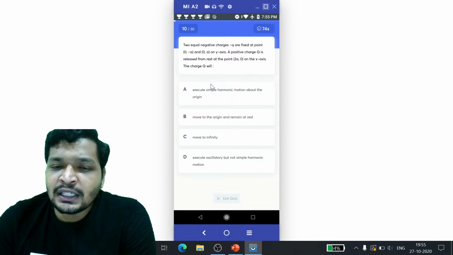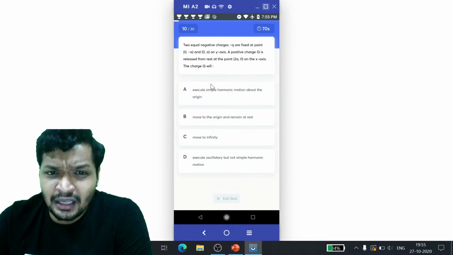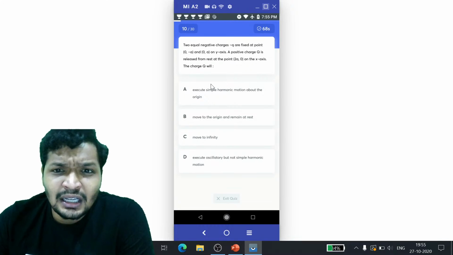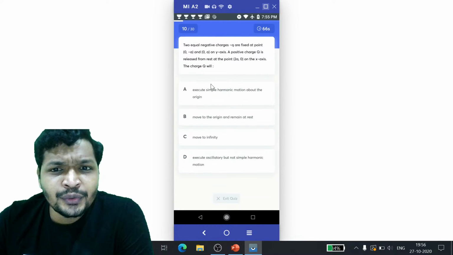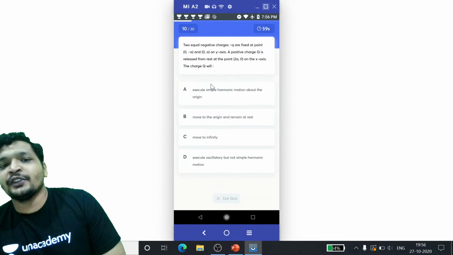Two equal negative charges, minus q, are fixed at points (0, -a) and (0, a) on the y-axis, and a positive charge q is released from rest at (2a, 0). This is a little electrostatics. Anyway, I'll quickly explain the concept.